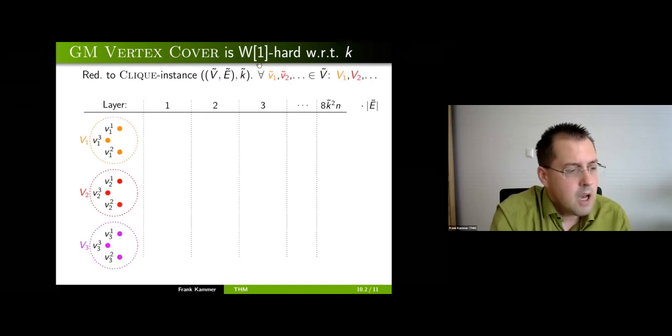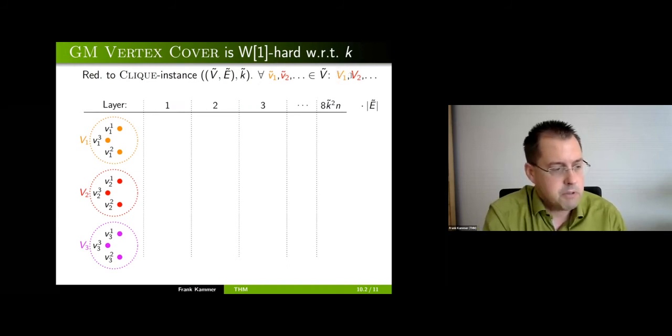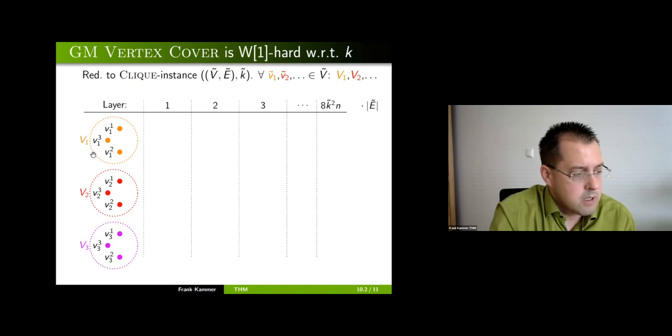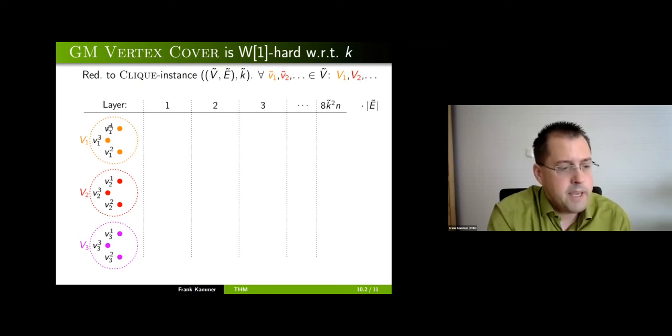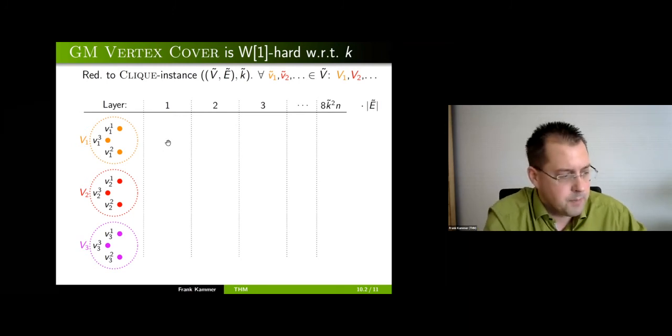But what we do is, for every vertex in the clique instance, we take a set of vertices, capital V1, capital V2, that corresponds to the vertex in the clique instance. Even if I draw such a vertex only on the left side, all vertices appear in every layer, but I draw in the layer only the vertices that are of interest.